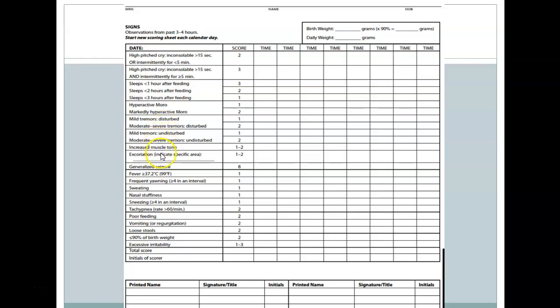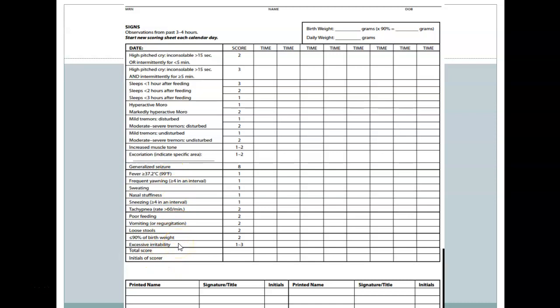They look at whether there are any tremors, their muscle tone, their general skin, and whether they have a fever, frequent yawning or sneezing, which is a hyperactive reflex that can occur when they're exposed to opioids, excessive sweating, nasal stuffiness that you'll hear in the nose when they're trying to breathe, tachypnea, poor feeding, vomiting or regurgitation after feeds, loose stools, losing a great amount of their birth weight, and excessive irritability. Then they total the score.